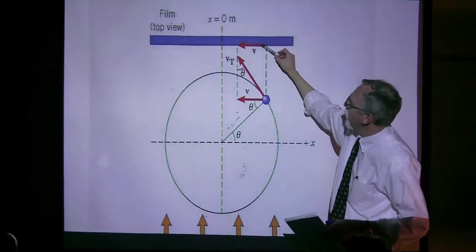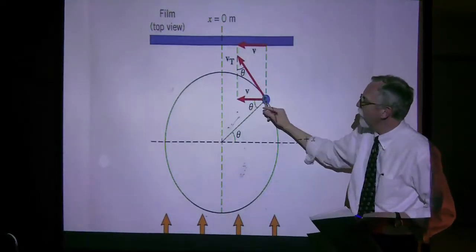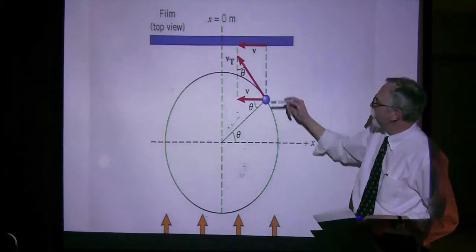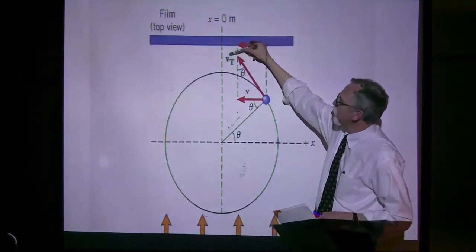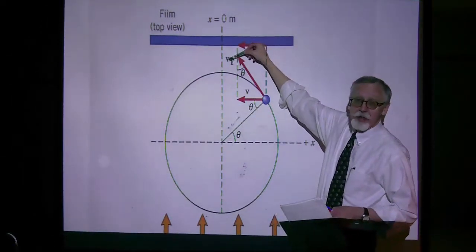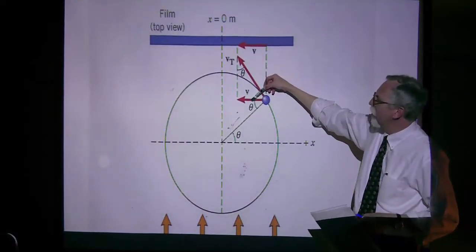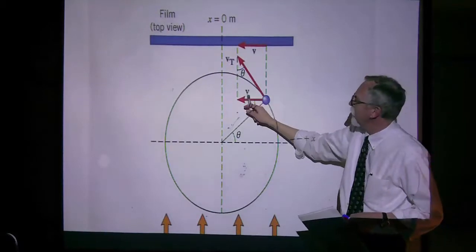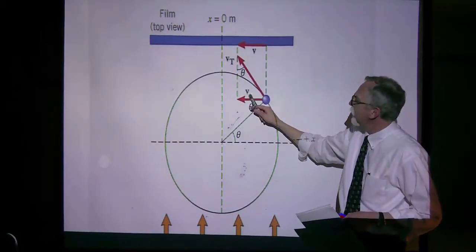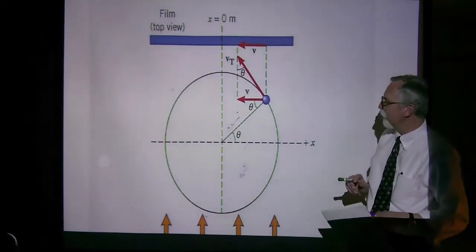But what we want to figure out is just the component of the velocity in the x direction. So if this is the tangential velocity, this is what has a uniform magnitude. We want to figure out the component of this in the x direction. So what we want is v here, the x component of v_t, the tangential velocity.